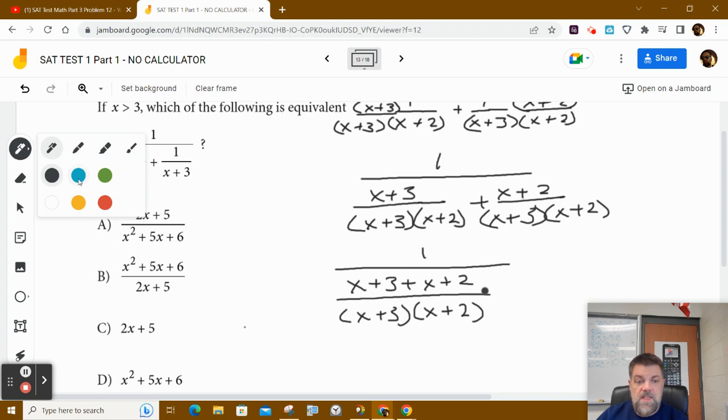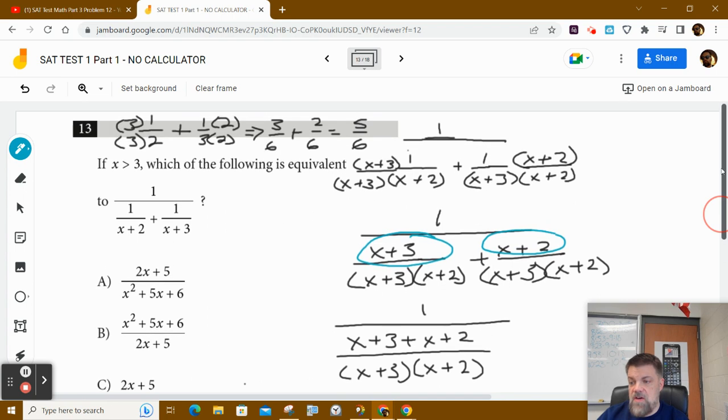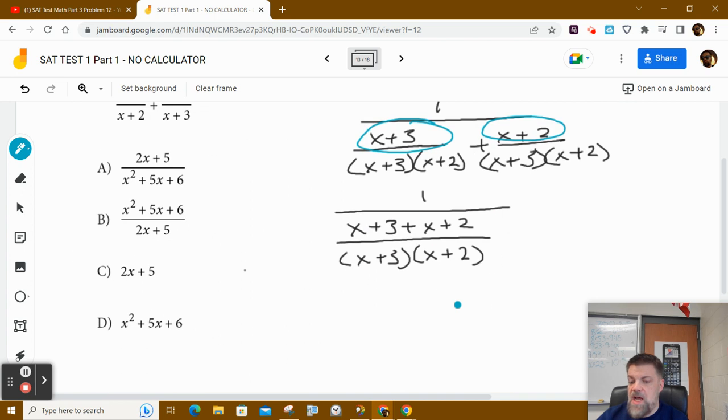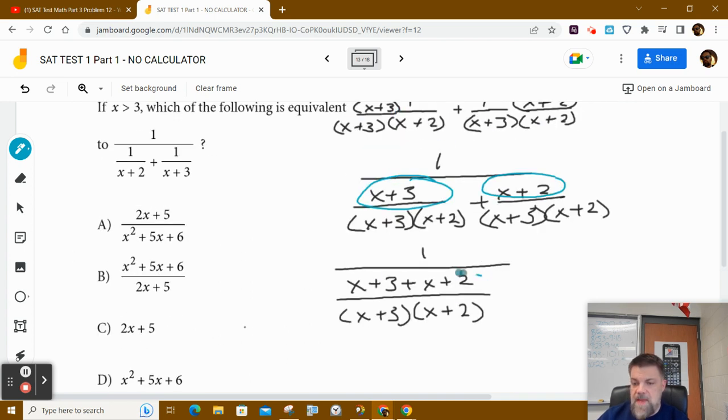And so what I'm doing is taking these two numerators, whatever they are, and adding them up. That's like saying over here, I'm doing it in my head, but isn't 5 equal to 3 plus 2? That's what I'm doing here, adding those up and putting them over the common denominator.